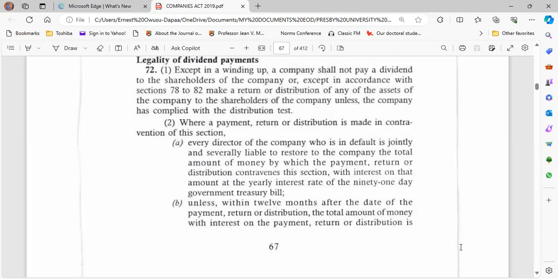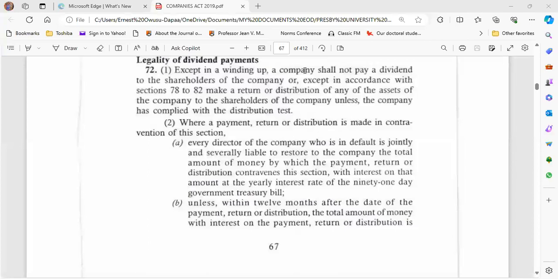But it's still important that dividends are not done anyhow. And that is why we have very strict rules which we need to pay attention to. That is why we are going to discuss what we are going to discuss now.